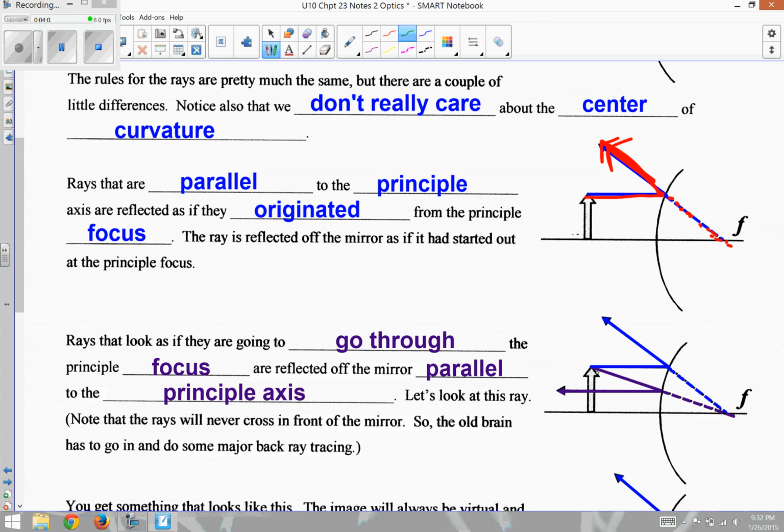That's saying that this line is going to go through, and you line it up with the focal point, but then when it hits the mirror and reflects, it's going to be parallel to the ground. And so you have this back ray tracing again for both of these.